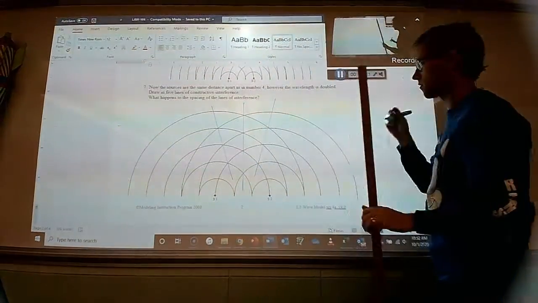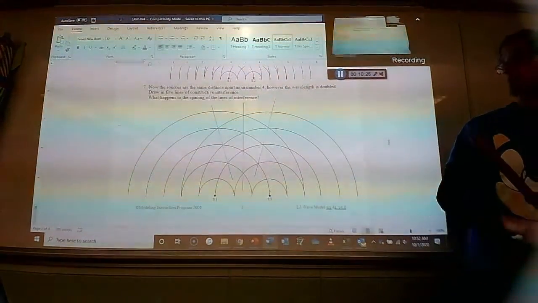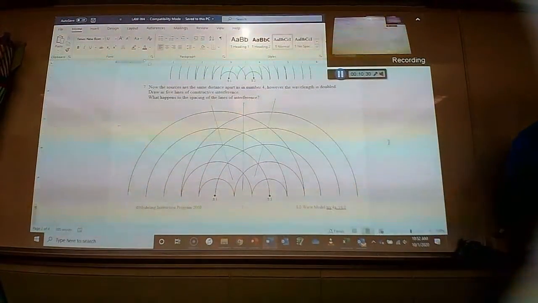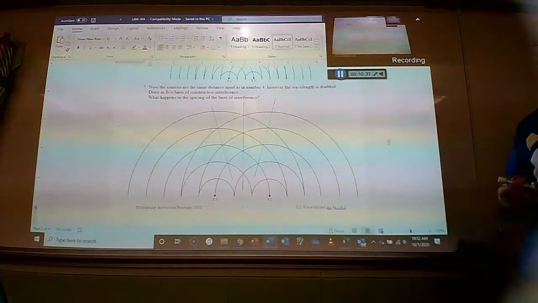You could draw another round too, but you can just see, even from drawing only 3 maximum lines, that the distance between them is much greater than the last example, and certainly much greater than numbers 4 and 5 when we did those. So number 7, they spread out even further.